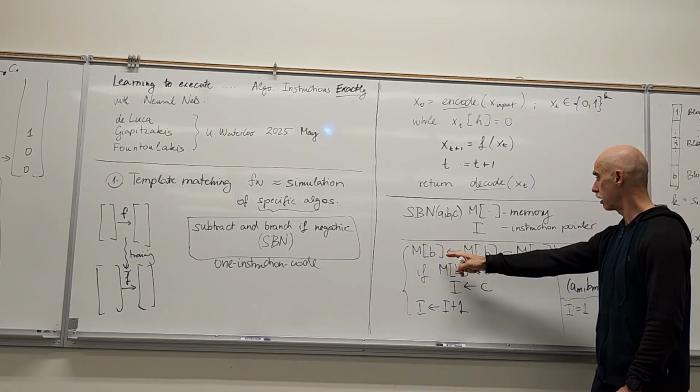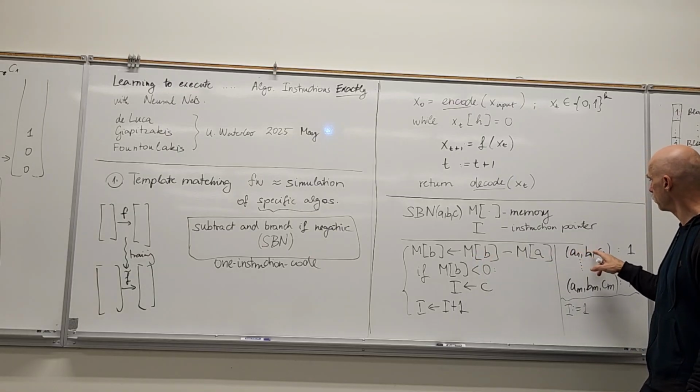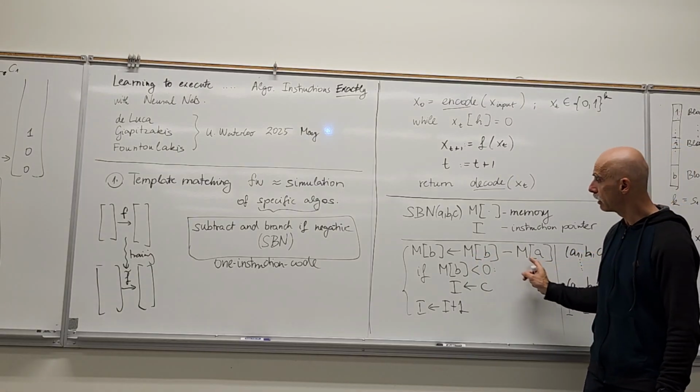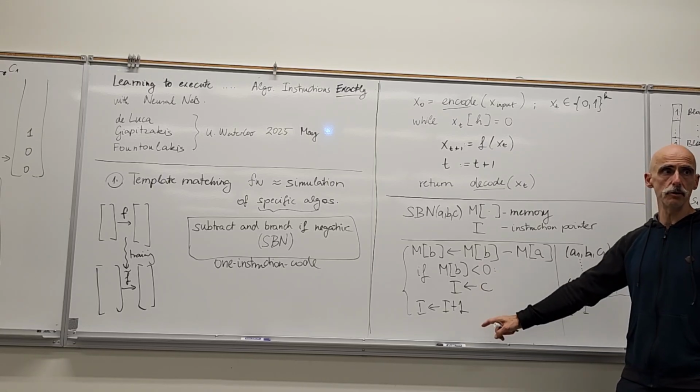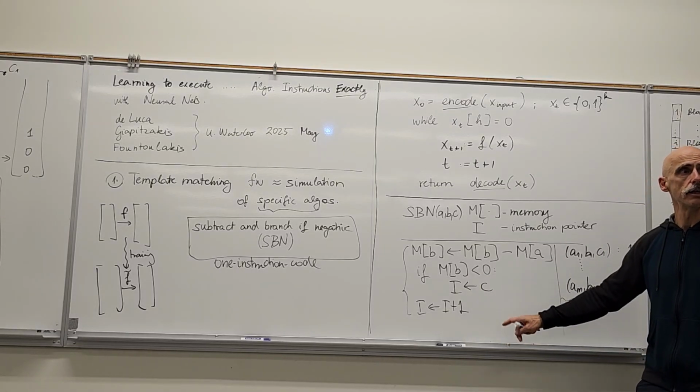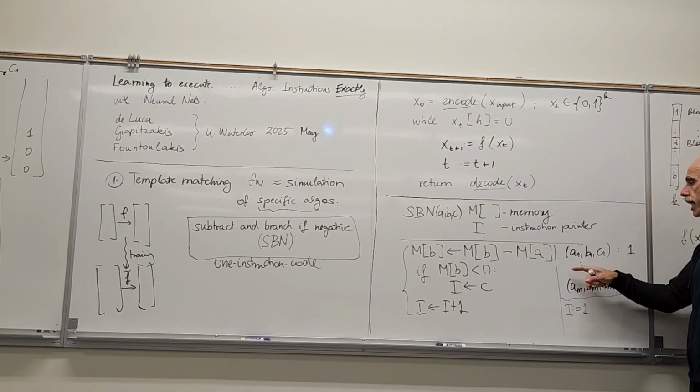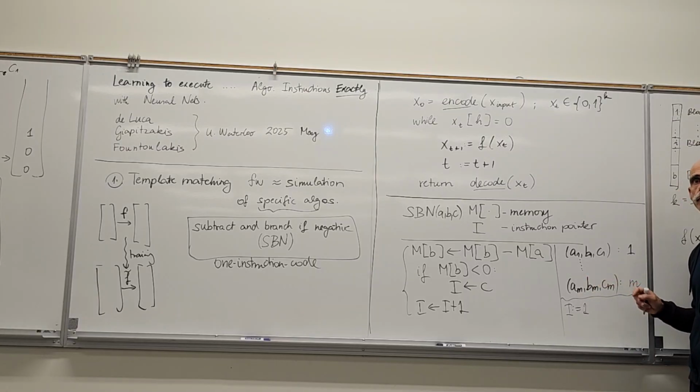So you take the value of A1, B1, and C1, and then with that execute this little subroutine that gives the new value for I, and then you look up the next instruction at position I. And this has some universality properties. So you should believe that this is general enough.